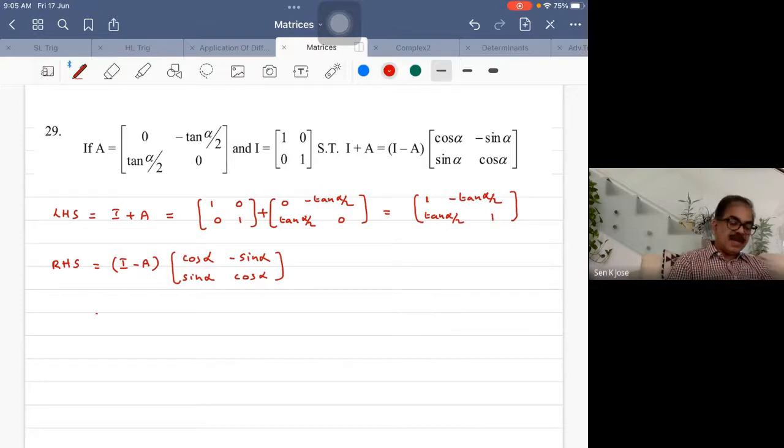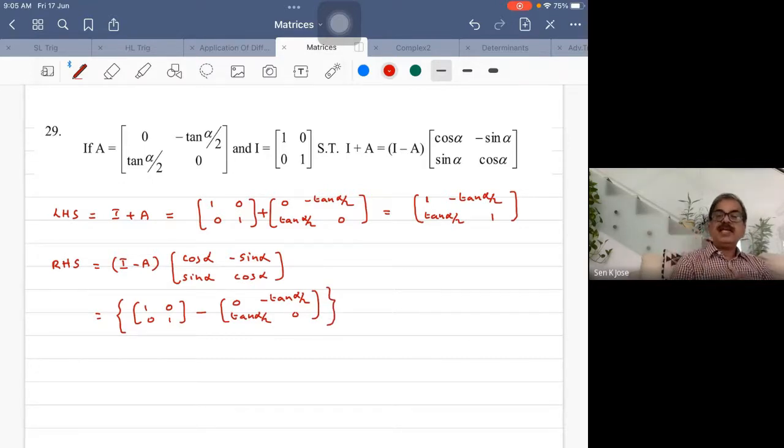I is 1, 0, 0, 1 minus A, which is 0, minus tan alpha by 2, tan alpha by 2 and 0. Close the double bracket. This is for I minus A. Into, there is another matrix there, which is cos alpha, minus sin alpha, sin alpha and cos alpha. Everybody okay until there?